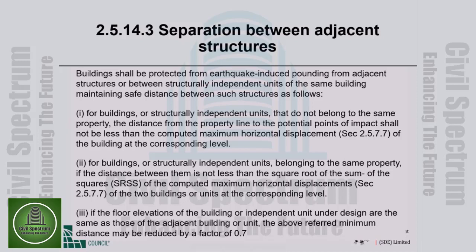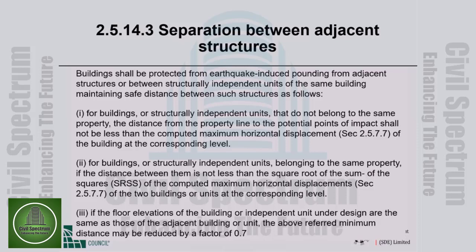Number 2, for buildings or structurally independent units belonging to the same property, the distance between them is not less than the square root of the sum of the squares of the computed maximum horizontal displacements. So when two adjacent buildings are on the same property, the distance between them is allowed to be the square root of the sum of the squares of the computed deflections. This is less than what we were talking about above, which is the arithmetic sum of the deflections of the two structures.